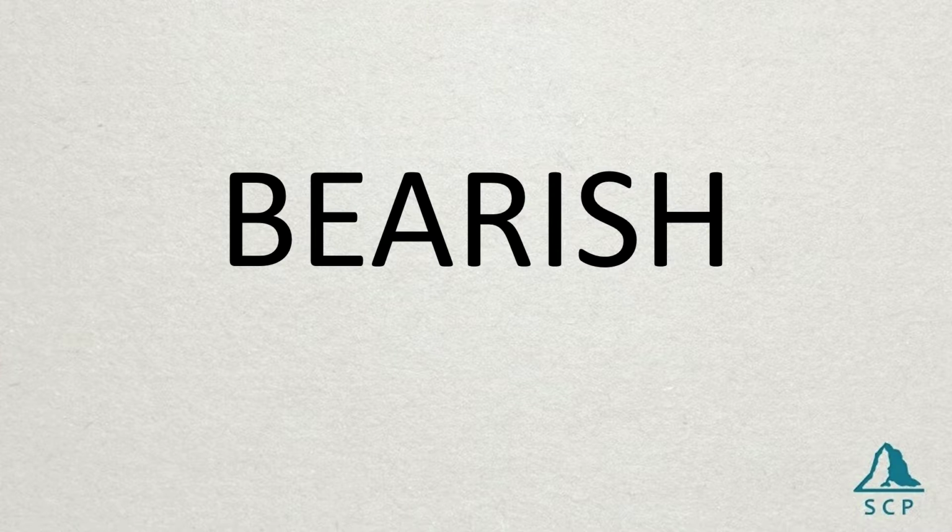The next two ones you will hear a lot. It's bearish and bullish. Bearish movement or a bear market means that there is the expectation that the price is going to decrease, so that the value or the price of a coin is going down. This could be due to bad news or a board member leaving the company behind the coin.